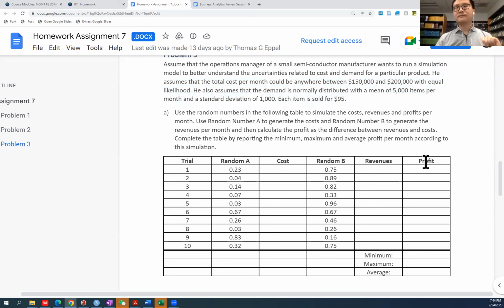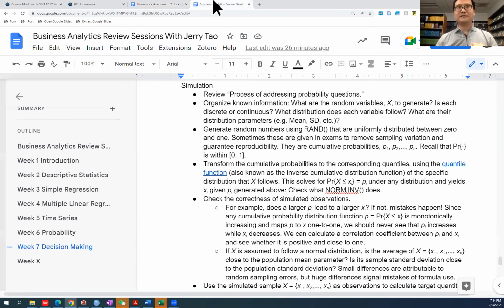If we know the distribution of cost and demand, we can easily simulate some observed values of cost and demand as a simulated sample, and use this sample to calculate whatever function out of it. In this case, the function is simply revenue minus cost, which gives us profit. Any questions on the principle of this problem?